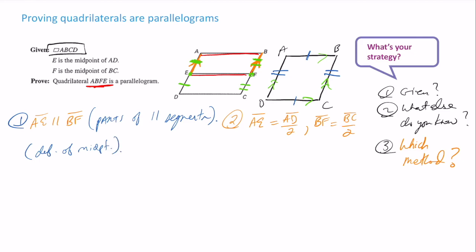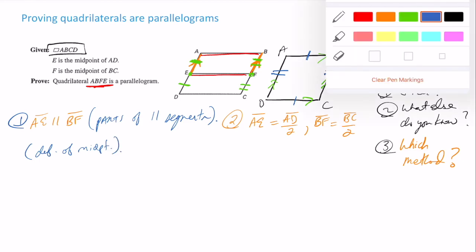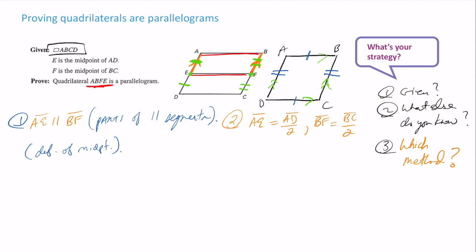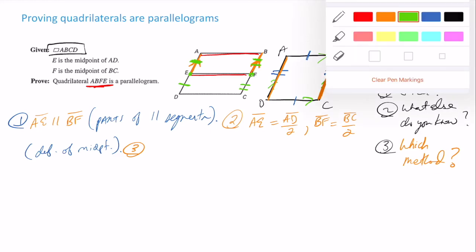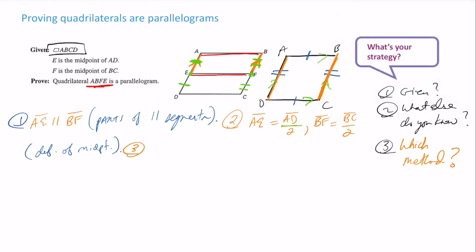Okay? So now, I'm going to look back at our larger parallelogram for a second. I know that AD is the same as BC, right? I know that these are congruent because it's a parallelogram. So AD and BC are the same. Wherever I see one, I can replace the other one, or I can substitute one for the other. So what I'm going to write right here is, I know that AD is the same as BC.